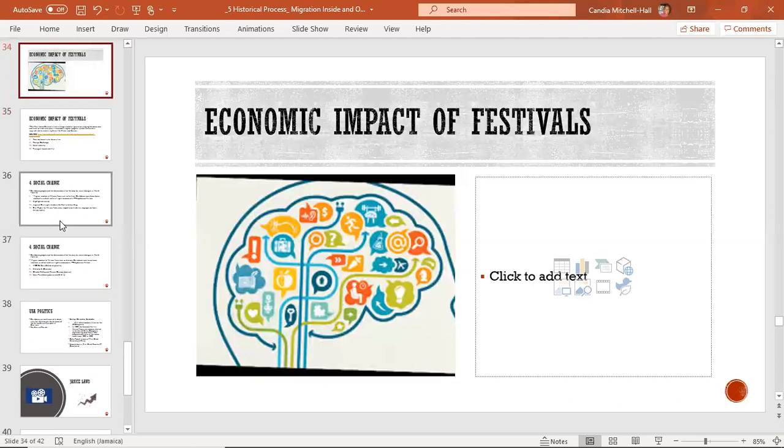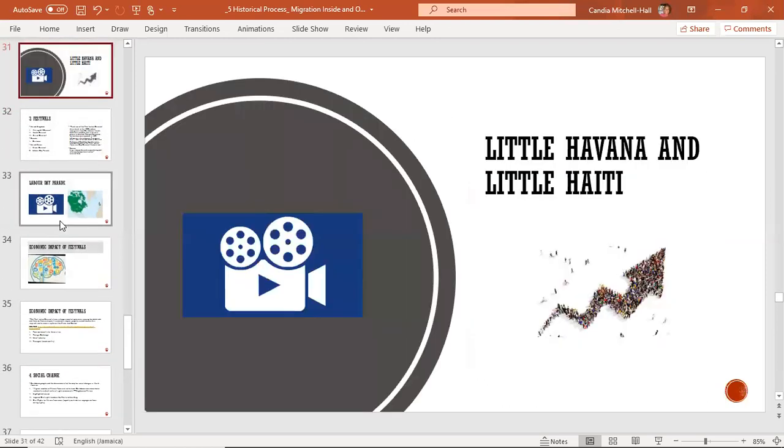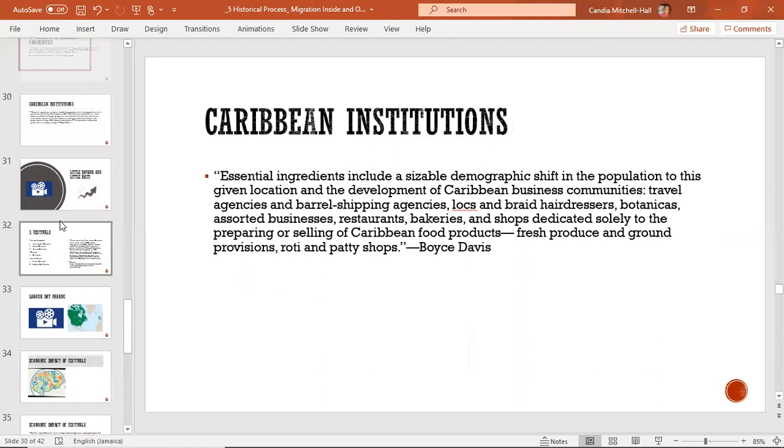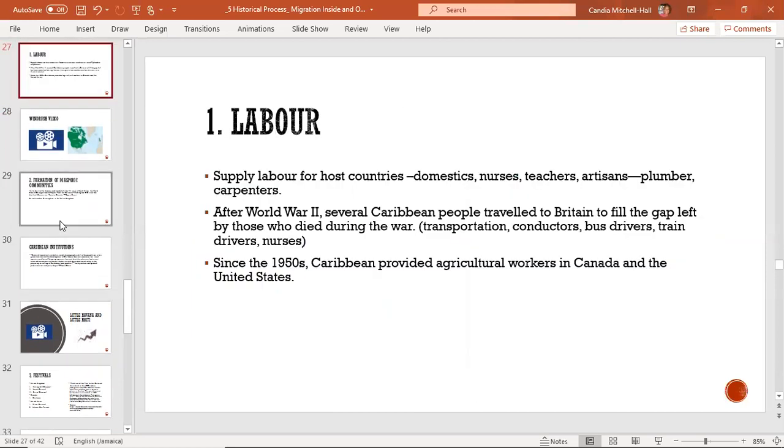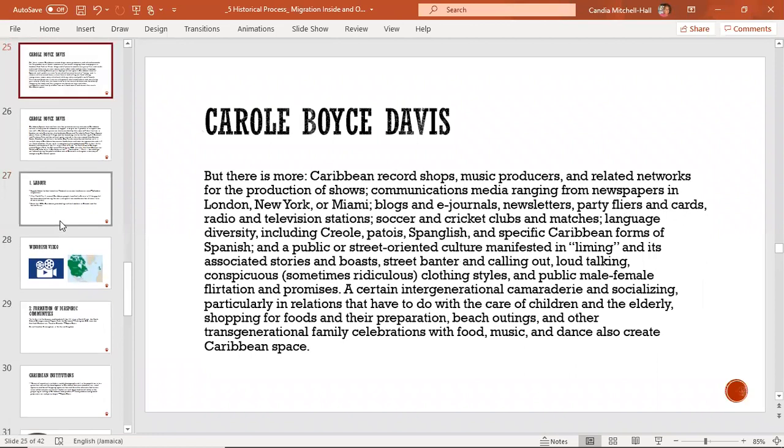Our festivals have economic impact on those societies. We have formed communities, very strong and very large communities in these areas. And also we have contributed significantly to labor. So for sure, one thing we know is that Caribbean immigrants have really done well and have represented the Caribbean well in these places.